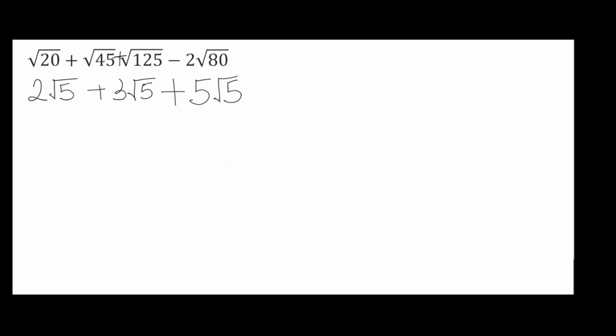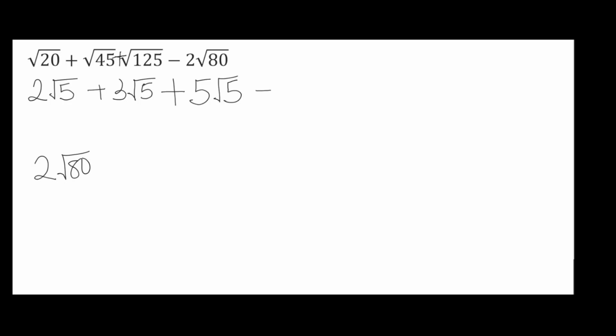But we have minus here. So minus 2 root 80. Now let's write 2 root 80 in its basic form. We have 2 root 80. All we need to do is split root 80 into the product of its factors.